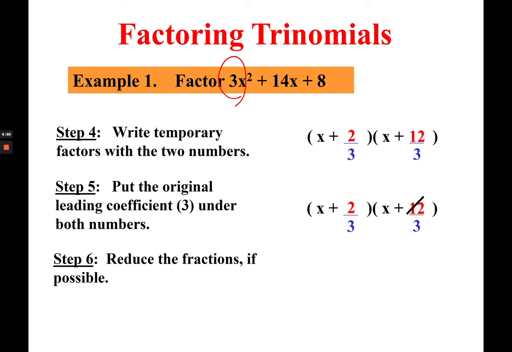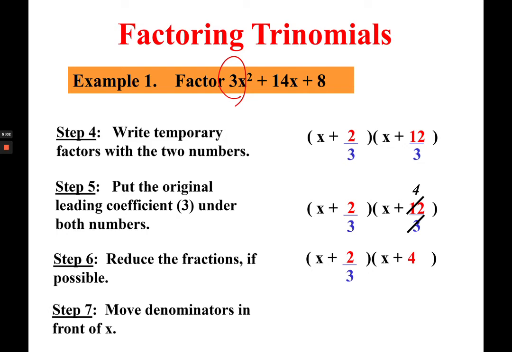So 12 over 3 becomes 4. What happens to 2 over 3? You don't simplify it. You move your 3 in front of the x. And amazingly, it's done. That is your factor of your given.